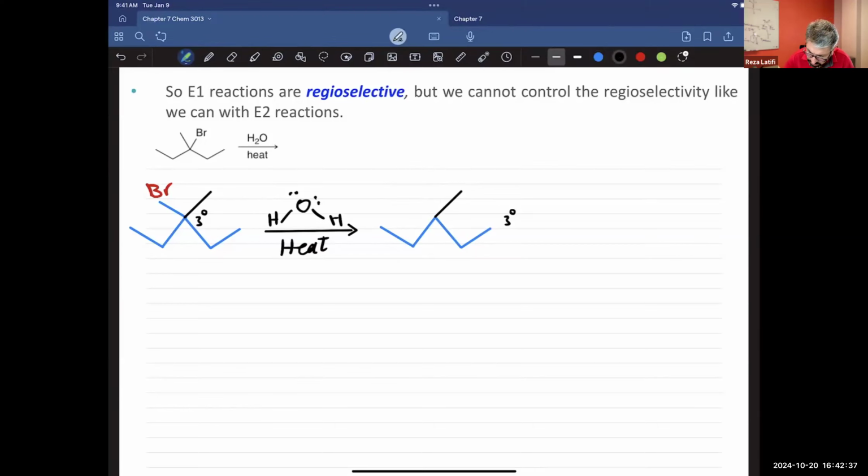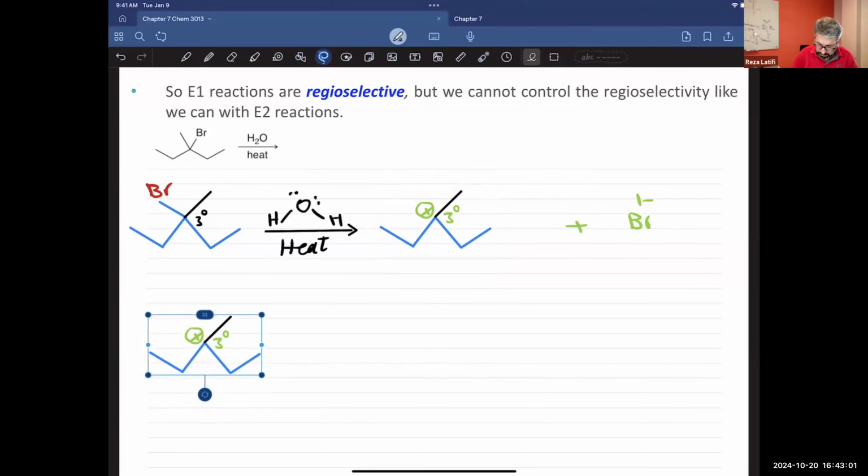Now we have a positive charge here, so we have a positive charge and plus bromide -1. Next, I'm going to say this carbocation is a tertiary carbocation. And now what will happen to the tertiary carbocation? The tertiary carbocation might lose some hydrogen.